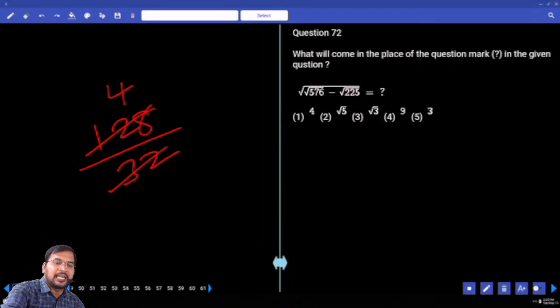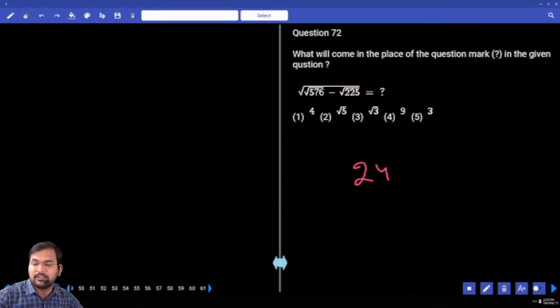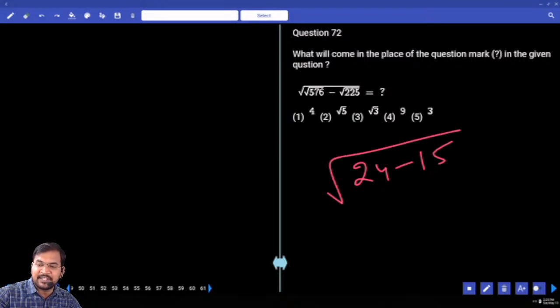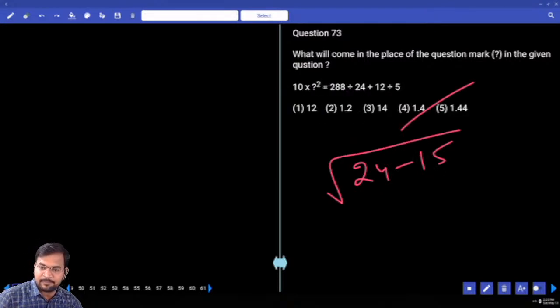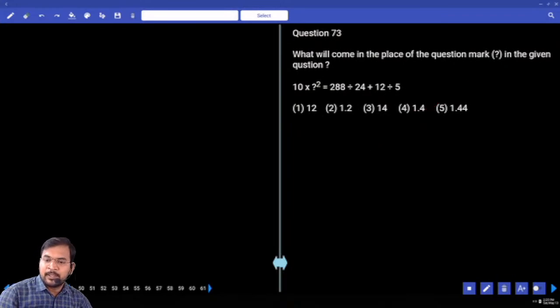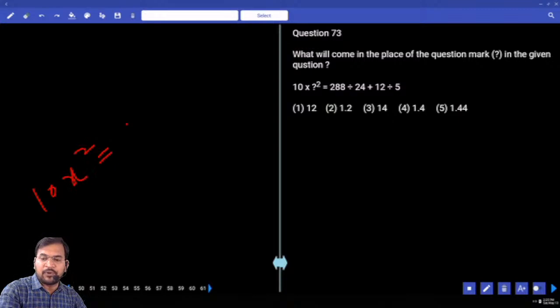Next. Under root of 576 is 24, na? Minus 15. 9 is nothing but 3. 10x square is equal to 24 12 times, na? Plus 12 by 5.